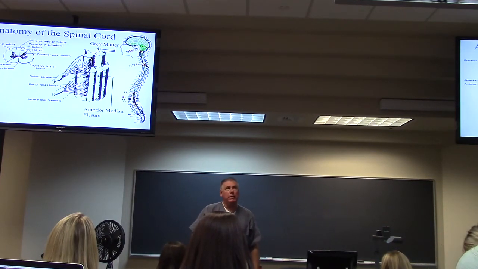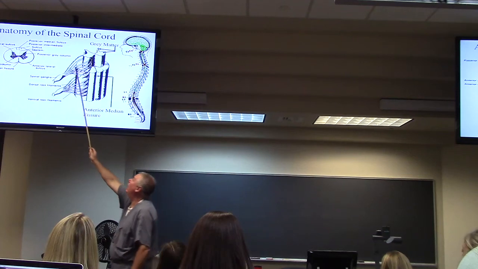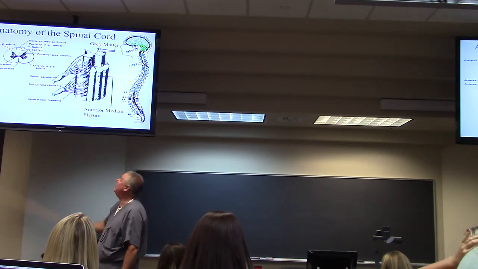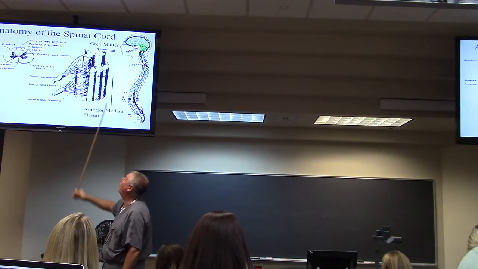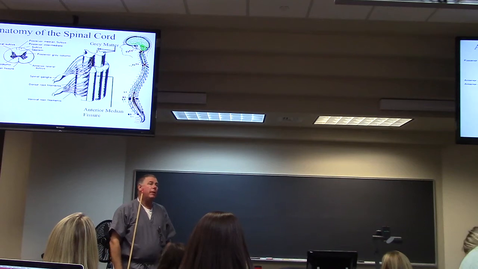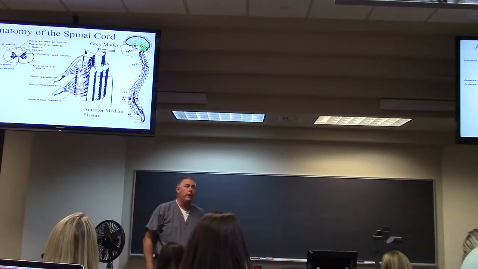Within the different segmental levels, you have the dorsal and ventral roots. Dorsal roots, or rootlets, enter into the dorsal horn of the cord. The ventral rootlets exit the ventral horn of the cord. There are different fissures and grooves in the cord.